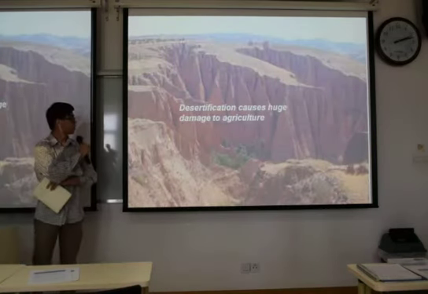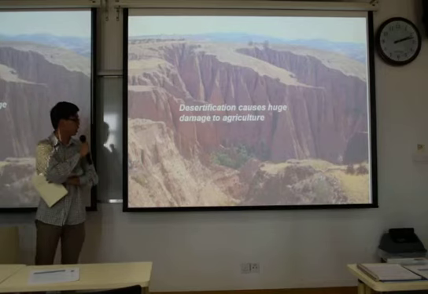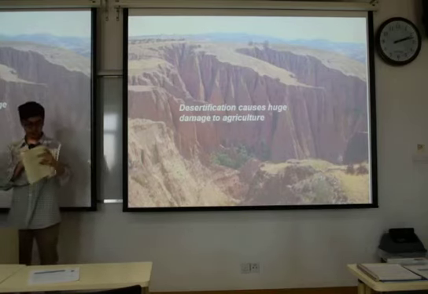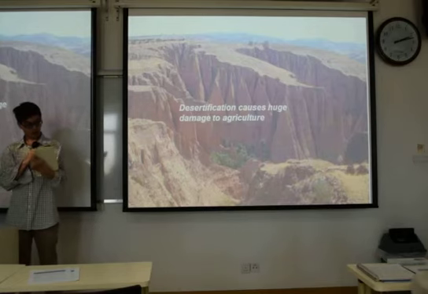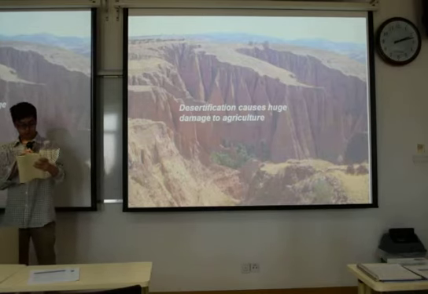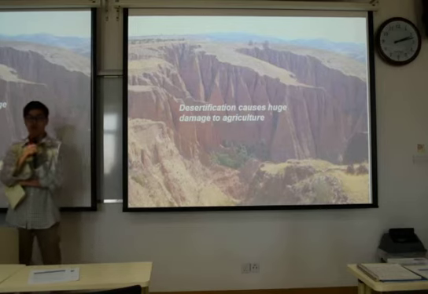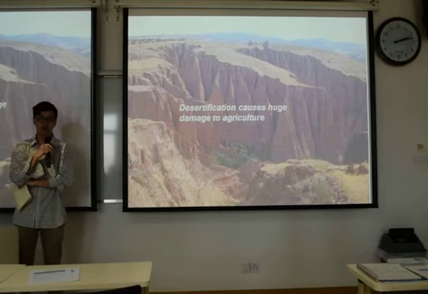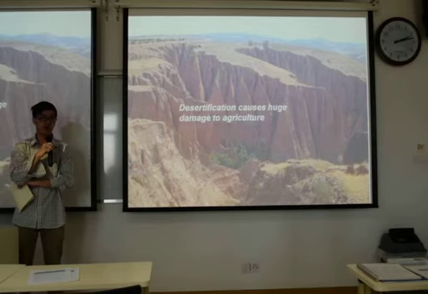From this picture, we can see that desertification causes huge damage to agriculture. And from the data that have been shown by my teammates, we can figure out that nowadays the problem of desertification is very, very serious, especially in Africa.